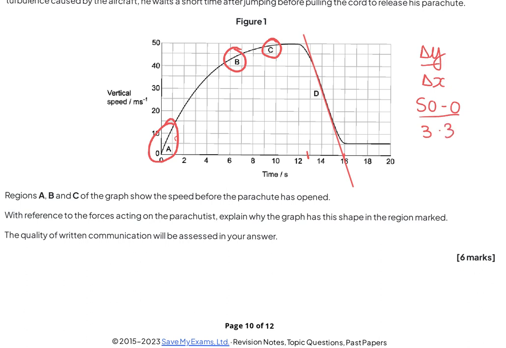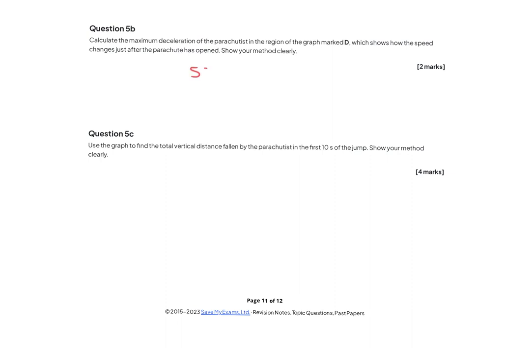So I type into my calculator 50 divided by 3.3, and I get 15.15 meters per second to the power of -2. So any acceleration around that would have been an acceptable answer. The mark scheme seems to say it's got to be 18 to 22, but I have done this correctly. So it could be a slightly larger deceleration depending on how you drew your tangent.